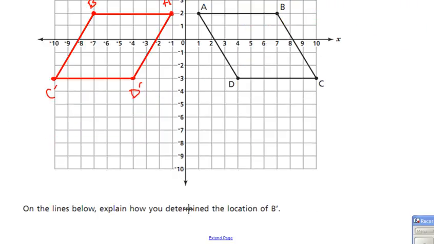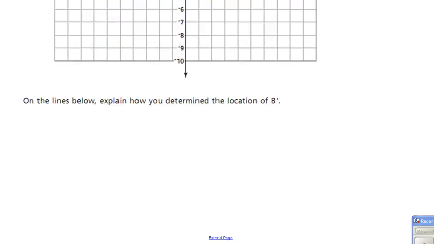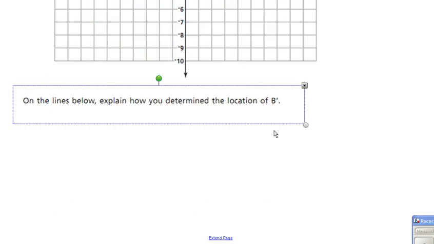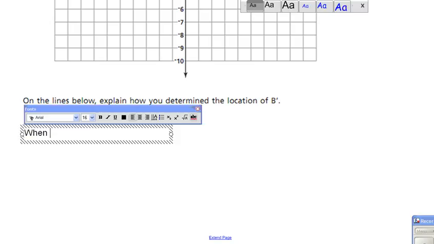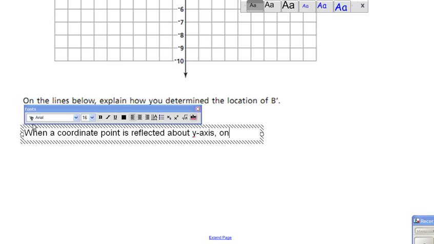Now explain how you will determine the location of B. We can write it as, when a coordinate point is reflected about y-axis, only x value will be negated.